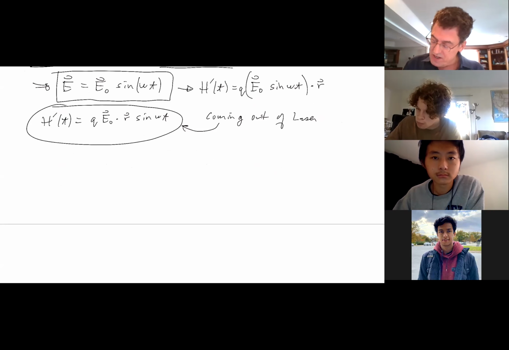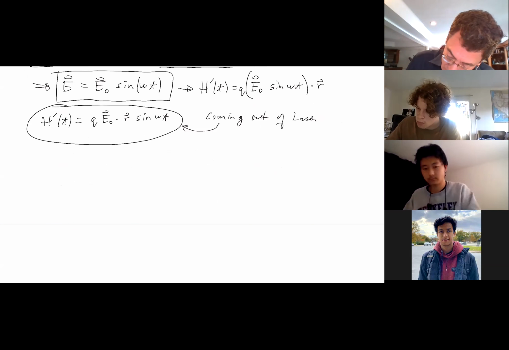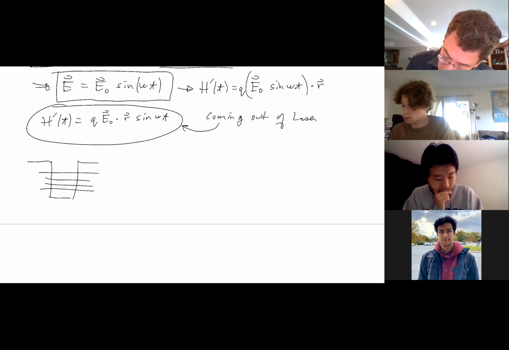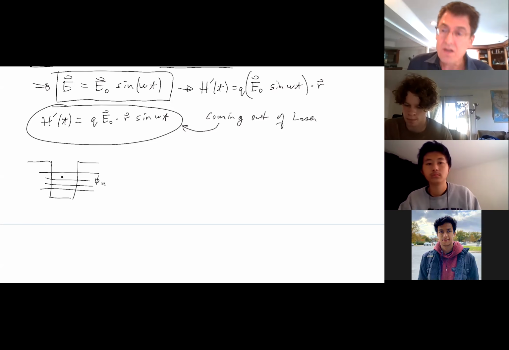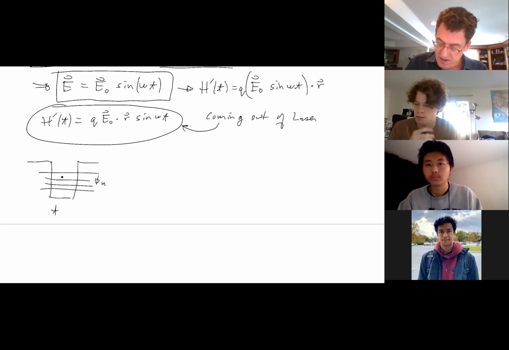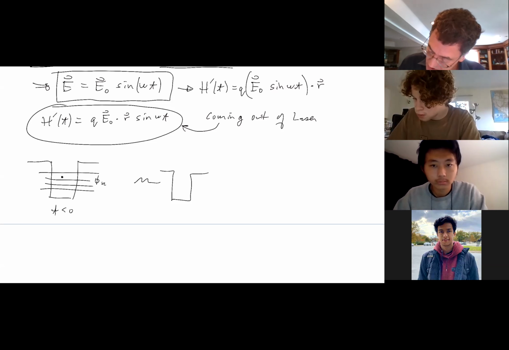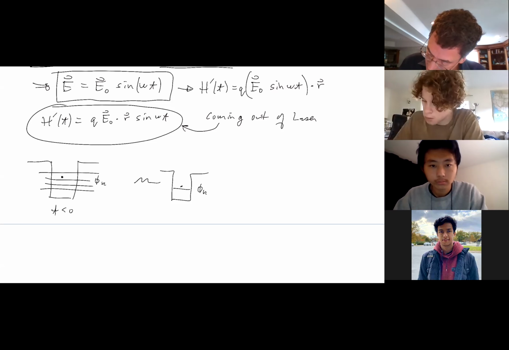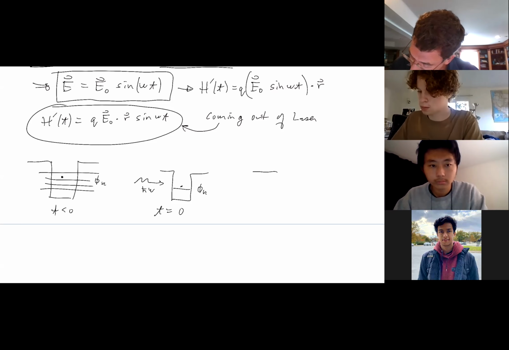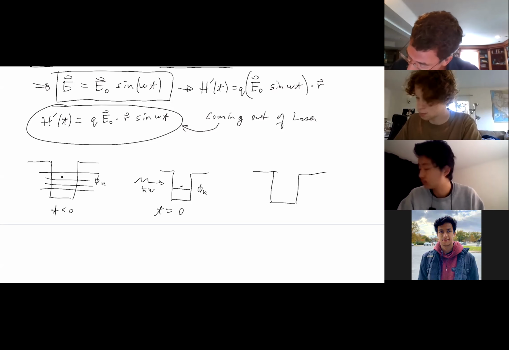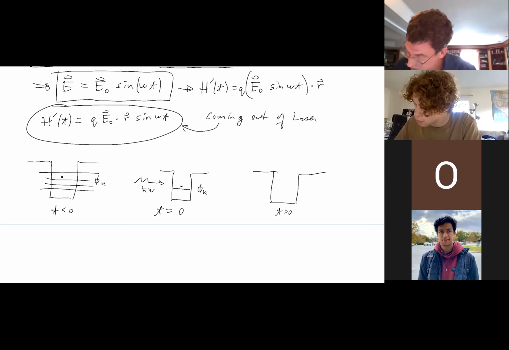Okay, and so now let's go back to this original question. My electron is sitting happily in some random level. It's a stationary state at time t less than 0. Then at time t equals 0, I hit it with my laser, and then at some later time t greater than 0, I want to know where it is.